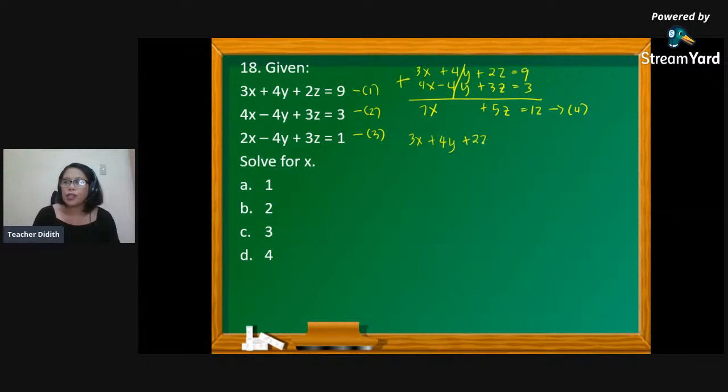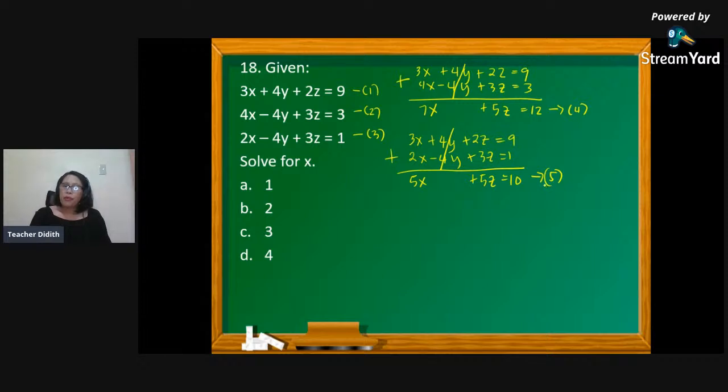Plus 2z. Okay, letter A daw. Let's find out. Equals 9. And then we have 2x minus 4y plus 3z equals 1. And we will perform addition again. So we have 5x. This will be cancelled. So we have plus 5z equals 10. And this is our equation 5.